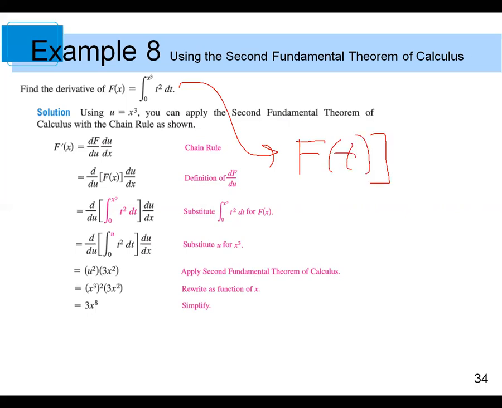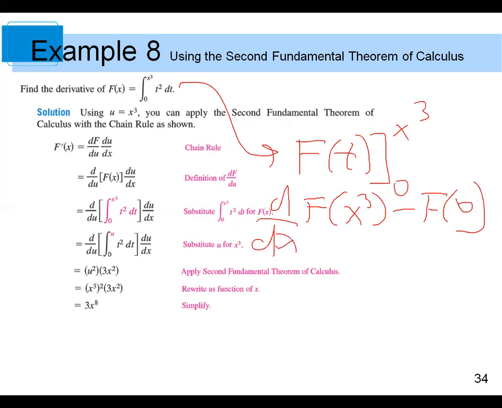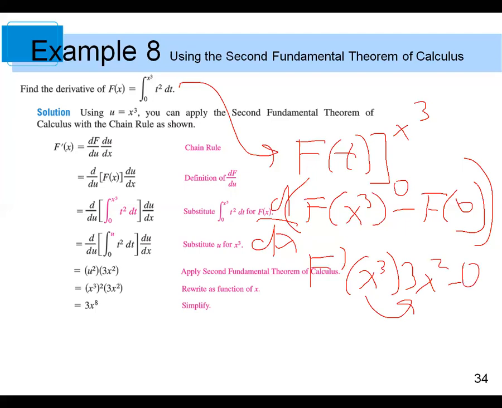And I'm going to plug in 0 and x cubed. So that's capital F of x cubed minus capital F of 0. Now if I take the derivative of that, that would give me f of x cubed times 3x squared minus 0.